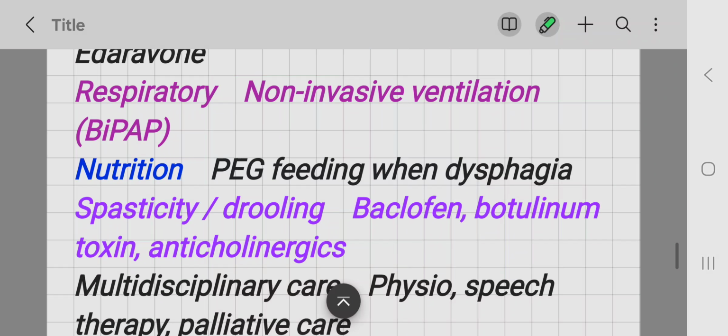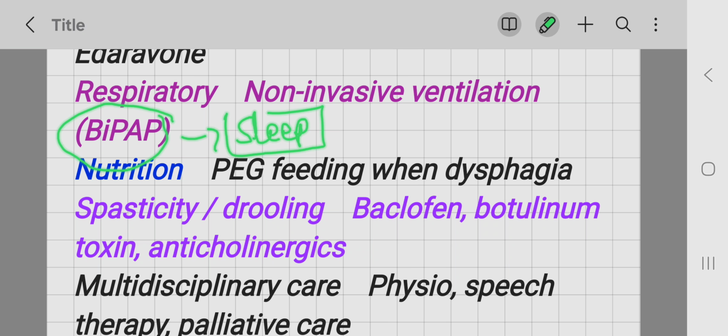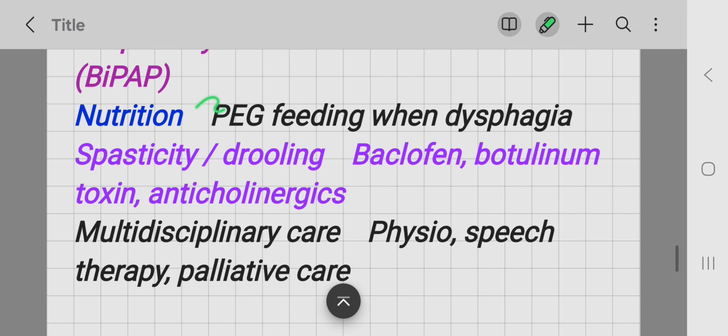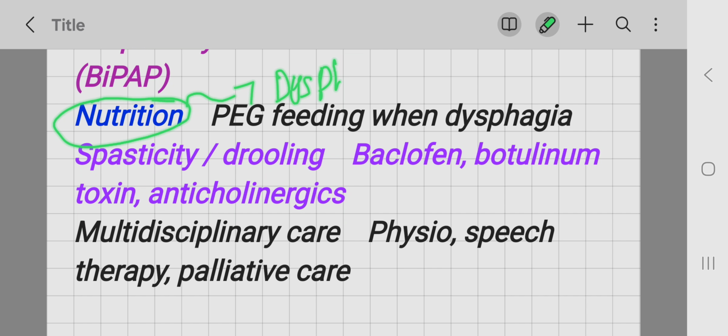Respiratory support is also required, especially BiPAP, especially during sleep because of fatigue of the respiratory muscles. Nutrition is also required because these patients, especially with progressive bulbar palsy, have dysphagia. Therefore, they may require an NG tube or a gastrostomy tube.